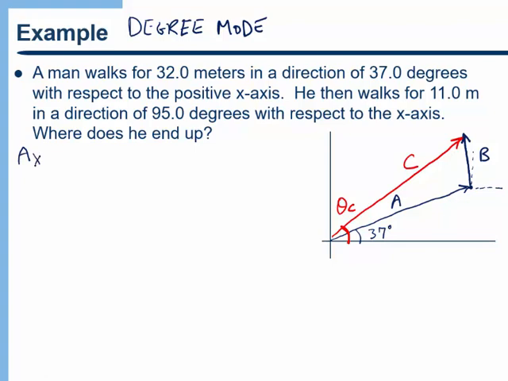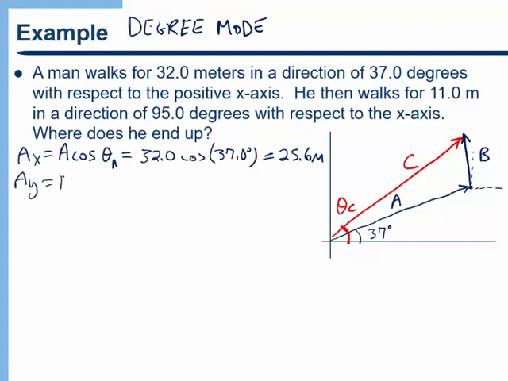We know that AX is A cosine theta A. So that's going to be 32 cosine of 37 degrees. And I got 25.6 meters for that.